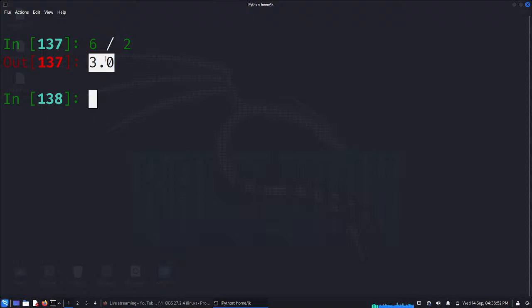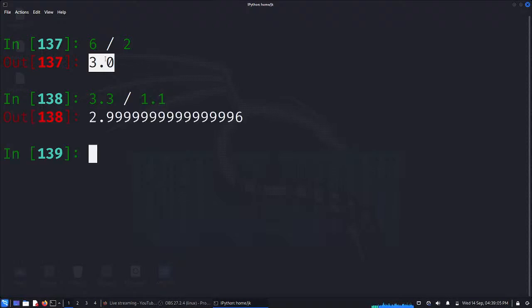It is good to remember that. Now again we can do 3.3 divided by 1, or if you want to combine 2 plus 3 times 2 minus 5, right?